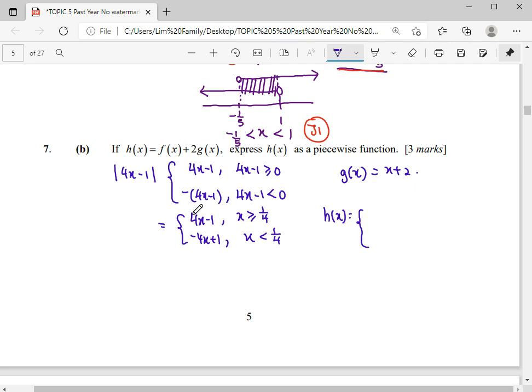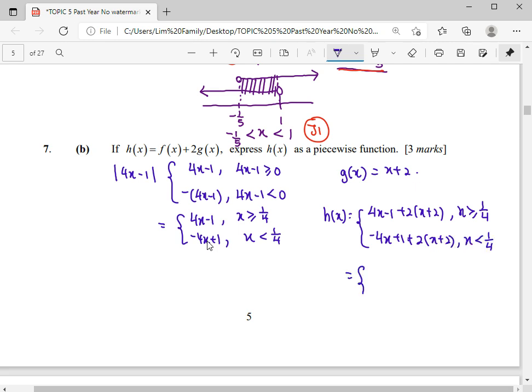If we take our f(x) for the first part, it will be 4x minus 1, then plus 2g(x). So this will be our first part. If we take our function f(x) for the second part, it will be negative 4x plus 1, then plus 2g(x), for x less than 1 over 4.